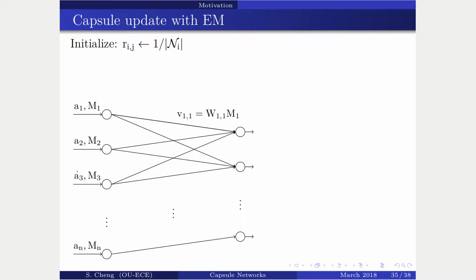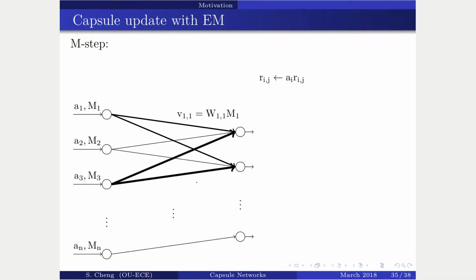As you can see, initially, because it's all uniform, I draw it with the same thickness, but assume the activation here is larger, basically A3 is the largest, and then A1 is larger than A2. So then these assigning probabilities for the branches from child capsule number 3 will be larger than, let's say, child capsule number 2.